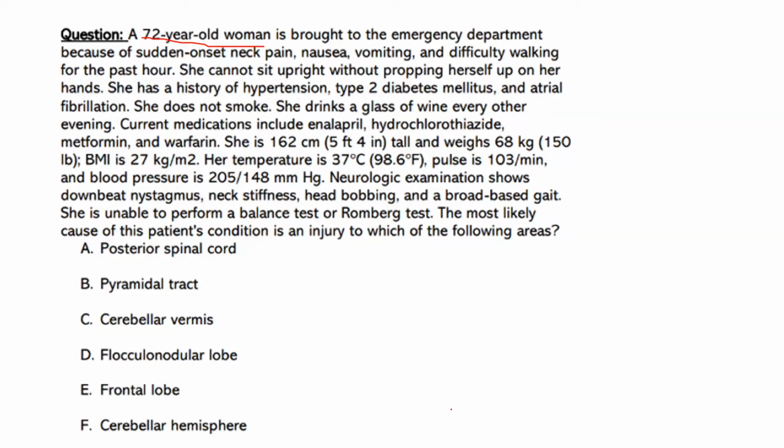She can't sit upright without propping herself up on her hand. She has a history of hypertension, type 2 diabetes, and atrial fibrillation. She does not smoke. She drinks a glass of wine every other evening.